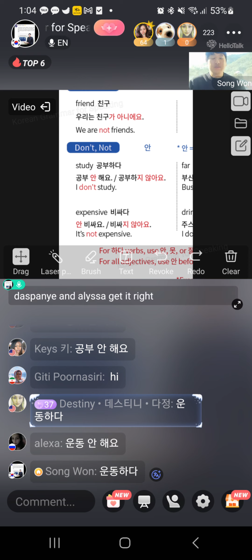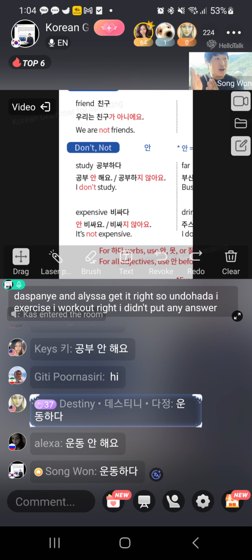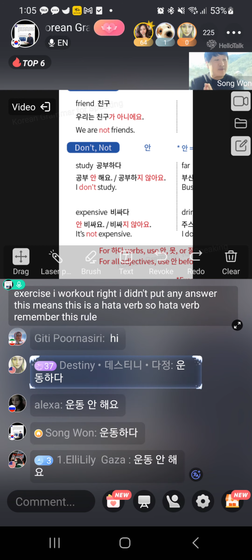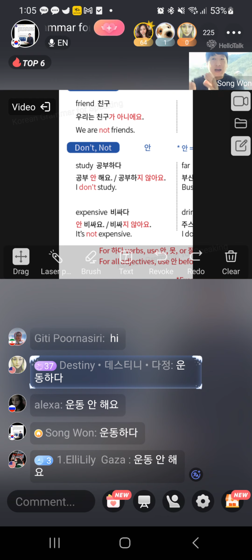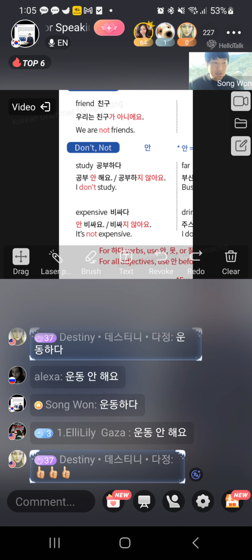So, 운동하다. I exercise. I work out. Right? I didn't put any am, so this means this is a 하다 verb. So 하다 verb, remember this rule. 안 goes right before 하다. So 운동 안 하다. So to make a sentence, I don't exercise. 운동 안 해요. Okay. All right. How about this one then?